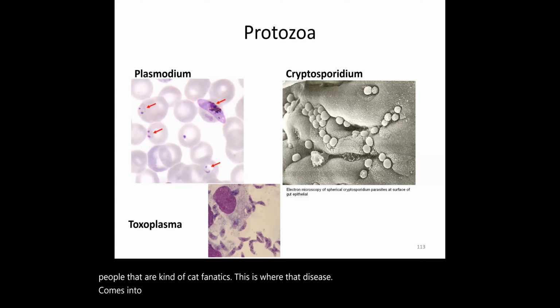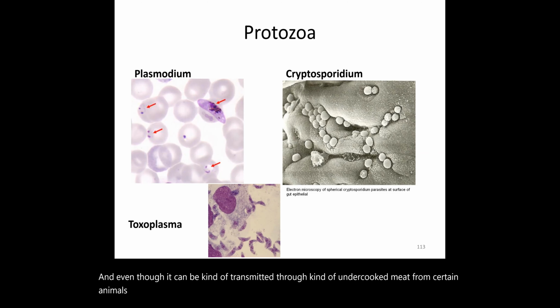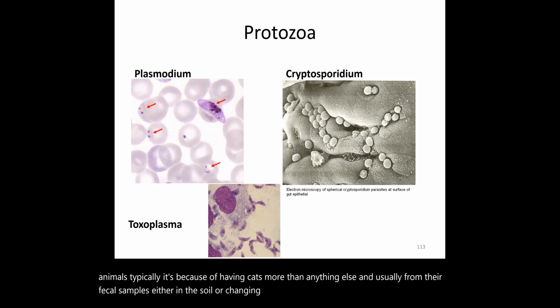The disease is called toxoplasmosis, for those who are familiar with it, right? And even though it can be transmitted through undercooked meat from certain animals, typically it's because of having cats, usually from their fecal samples, either in the soil or from changing out the litter box or something like that.